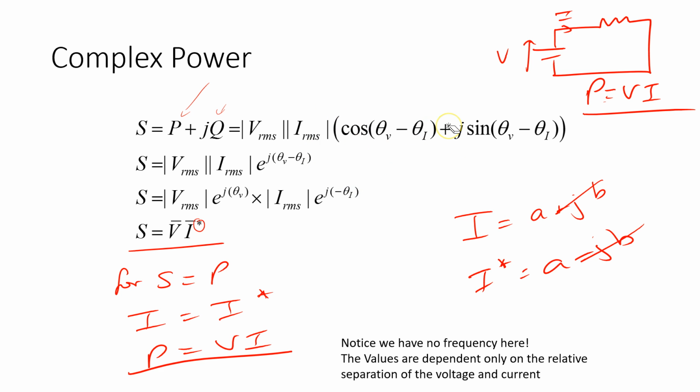That is, if we are using this equation, theta v minus theta I, S is equal to VI conjugate here, then that doesn't come into play.